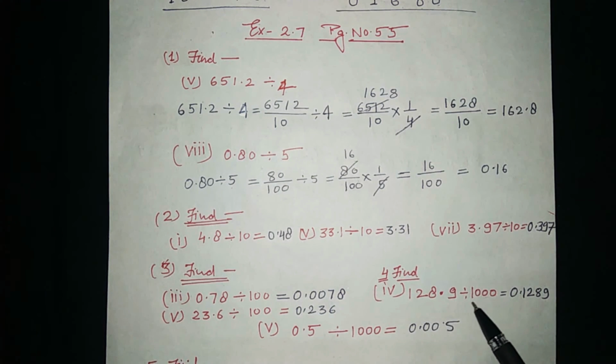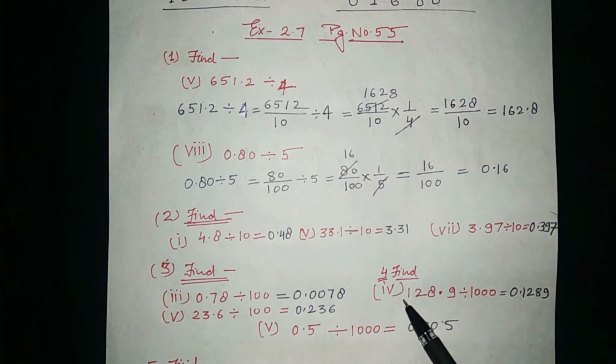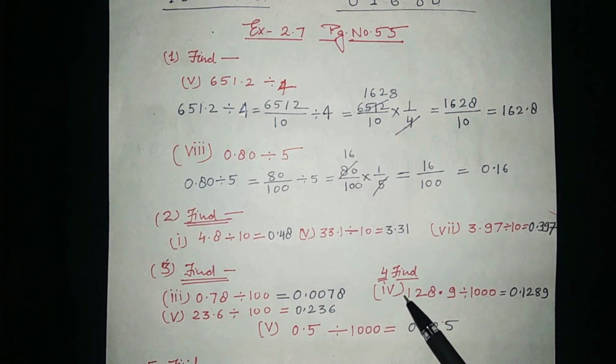Now see how we'll shift the decimal. 128.9. So we will shift the decimal left side, and here 3 places we will leave. So the number will be 0.1289. You can see the decimal will move from here to here.